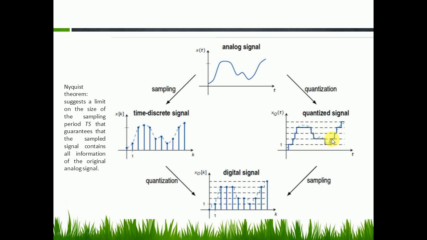As you can see here, it's the same signal, but it is quantized. Now, if we discretize the signal again, this is what we get. Similarly, if we quantize the signal, it adopts specific levels which are allowed.